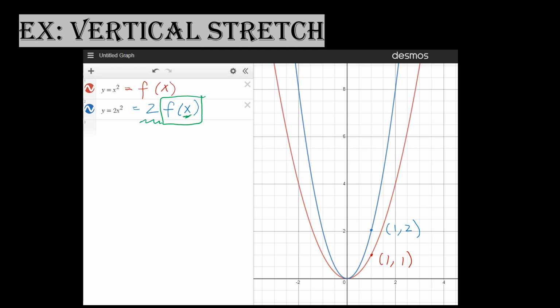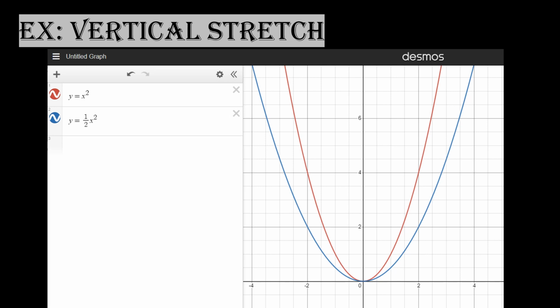Just to go over another example. Here we have the point (-2, 4). Looking at our transformed function, we have (-2, 8). Right? So we multiplied the output by 2. But look what happens if we have a vertical stretch by a value less than 1.